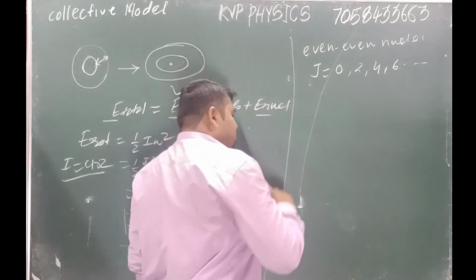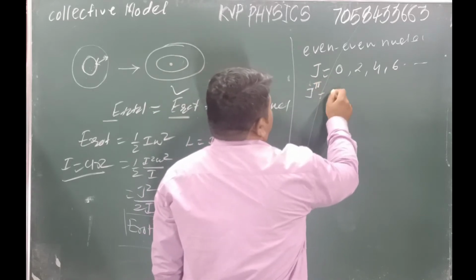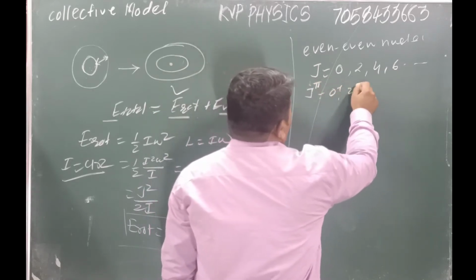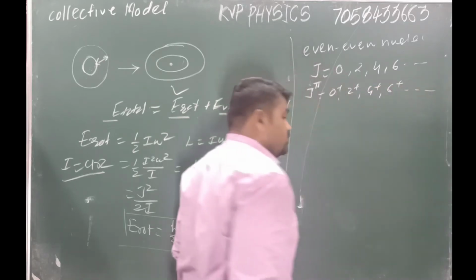And parity is always even, which means J pi is equal to 0 plus, 2 plus, 4 plus, 6 plus and so on.